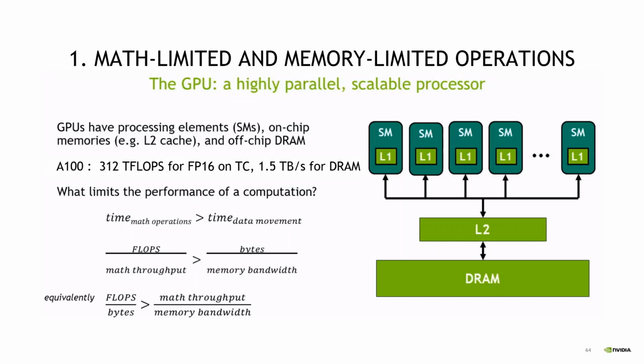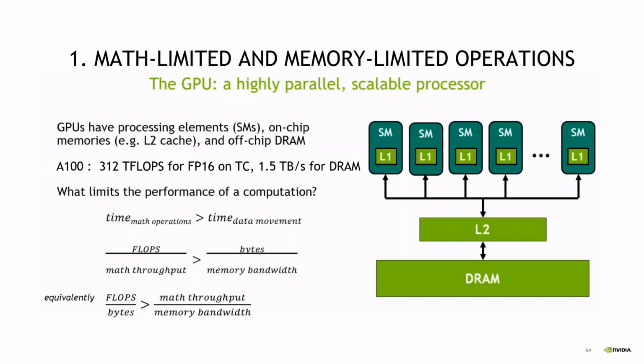What a GPU and any computer does is read the data from memory, do some computations, and return the results back into the memory. Which of these two main operations takes longer? Because the longer operation is the bottleneck. If computations on TensorCores require more time than read or write operations, that means the pipeline is math bound, math heavy or math limited.